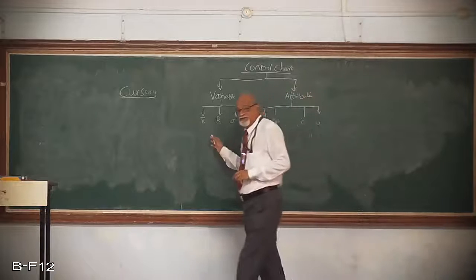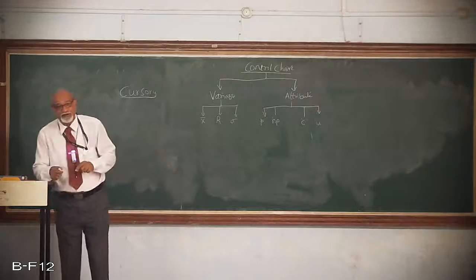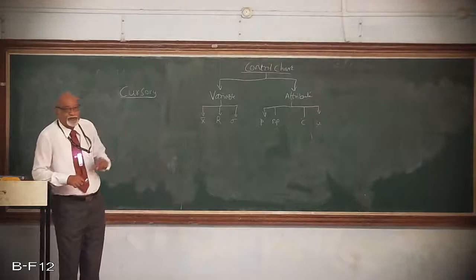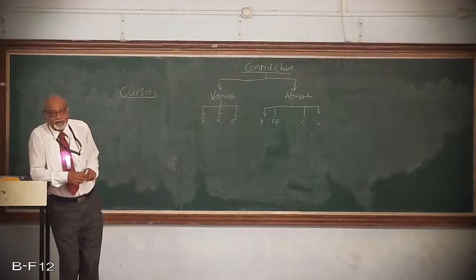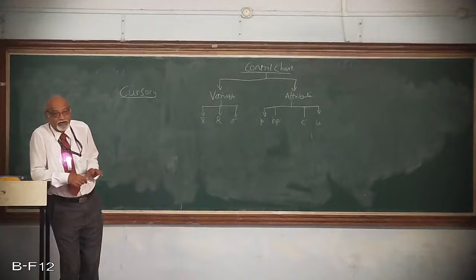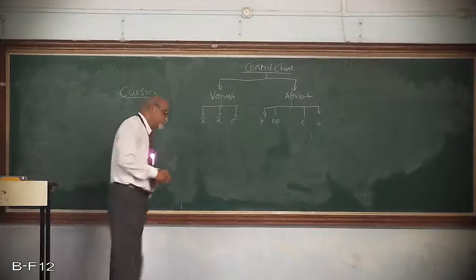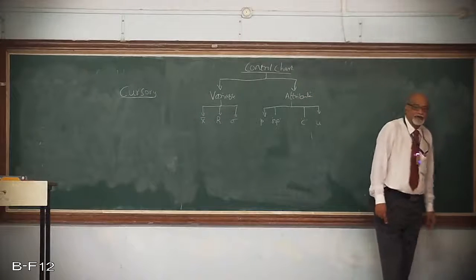That is the crux. But we started first with control charts for variables, and now we are studying control charts for attributes. That is what usually happens. While planning, the things would be like that, but when we want to implement, it will be the other way around. I might have given an example of the construction of a building.